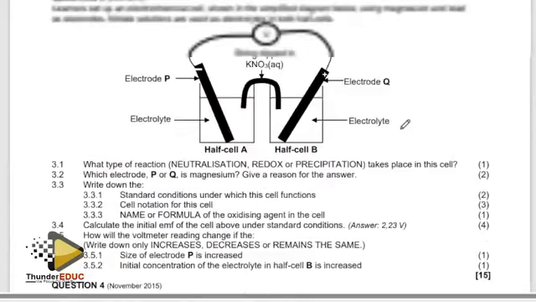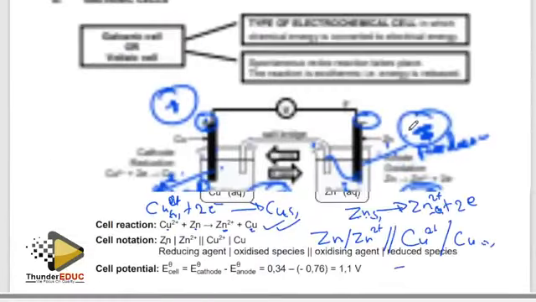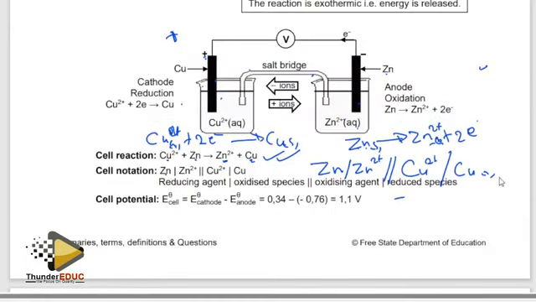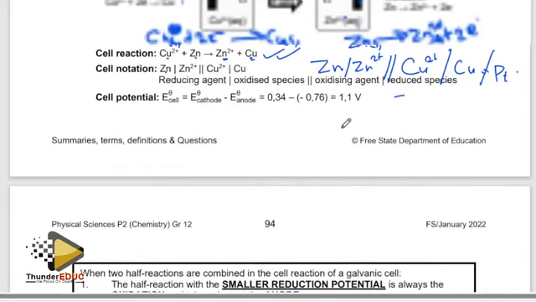So it means that if it was a gas, then I have to put this in brackets like that, or I just have to slash it, and then I put, for example, if it is platinum, I slash platinum, which shows that this one is reacting. For example, if this was hydrogen ions, and then hydrogen gas, and then platinum. You see? Yeah, that's how you can do the cell notation.